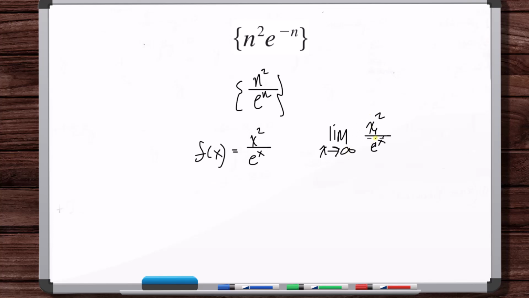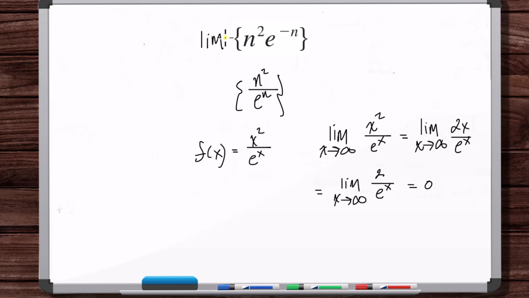Plugging in infinity, you get infinity over infinity, so we can use L'Hopital's rule. Plugging in infinity, you once again get infinity over infinity, so you can use L'Hopital's rule again. This is equal to 0. So this limit is equal to 0.